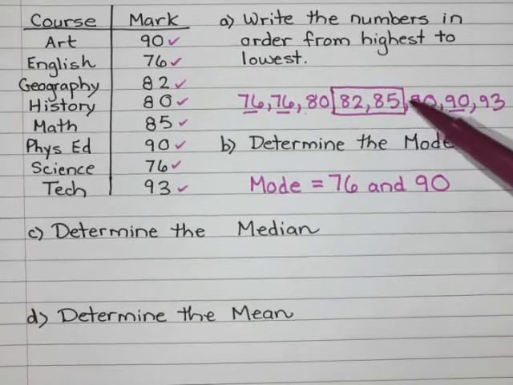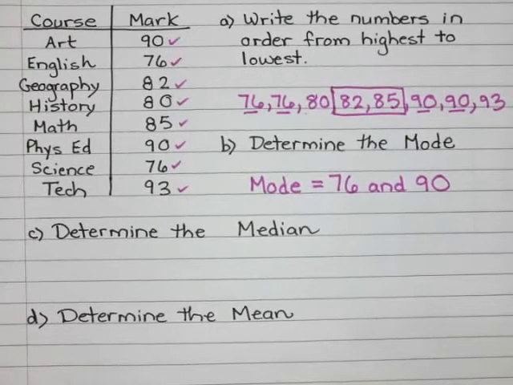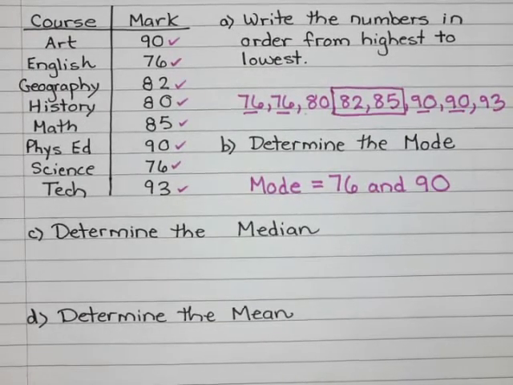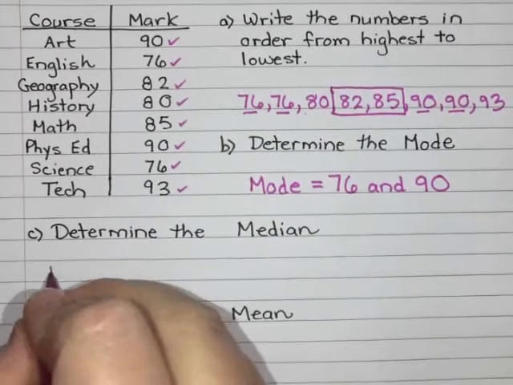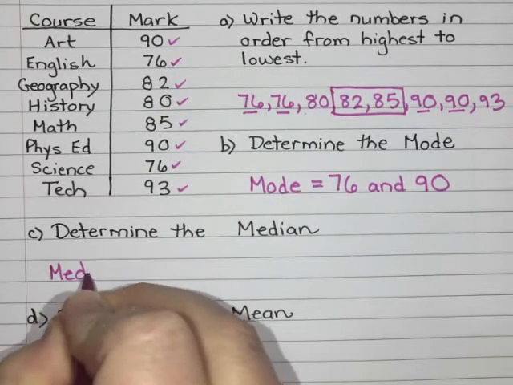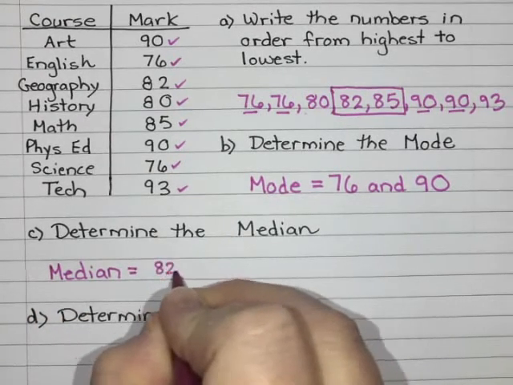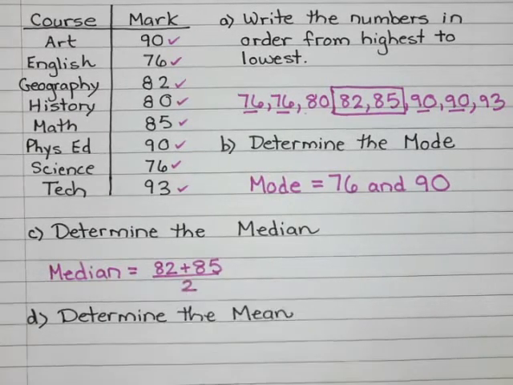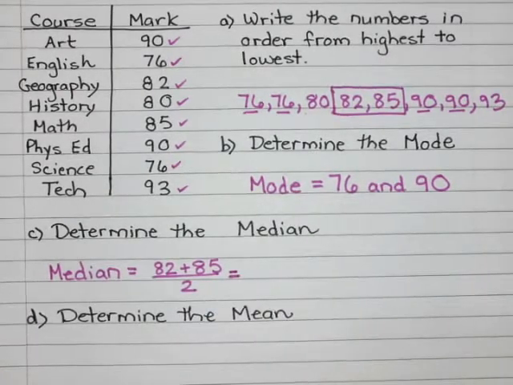To get the middle number, you have to find what's halfway in between 82 and 85. The easiest way to do that is to average them together. So we're going to add the 2 together and then divide by 2. So to get my median, I'm going to take 82 and 85, add them together, and divide by 2. Normally I like to work vertically, but I didn't leave space for that.